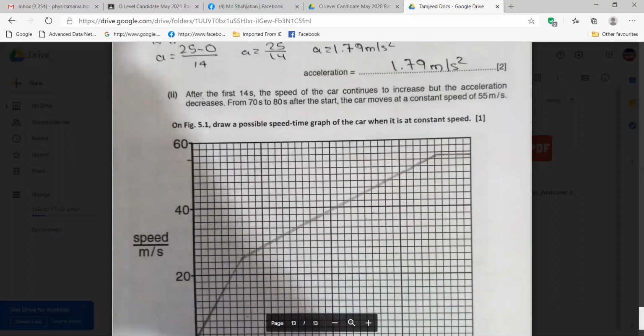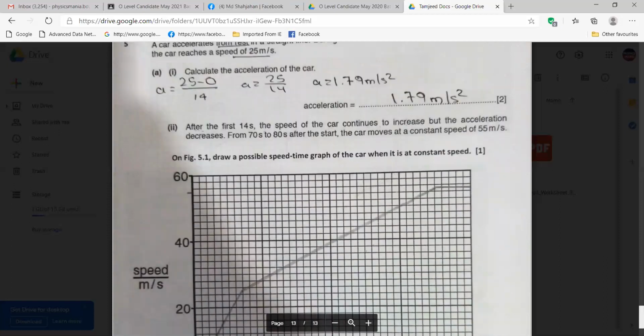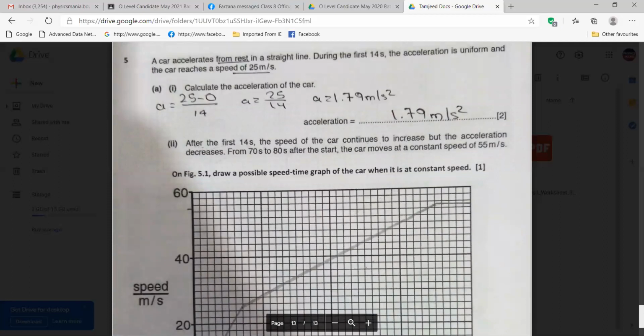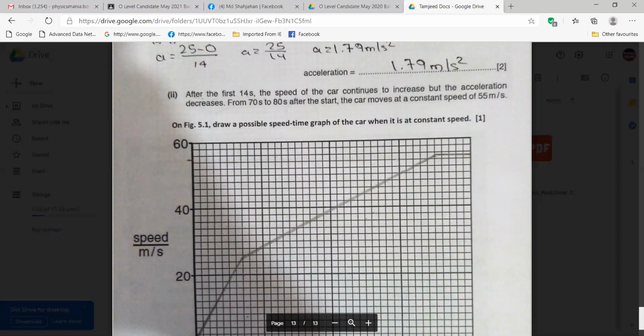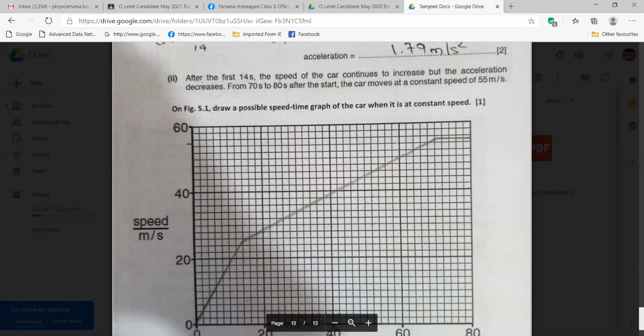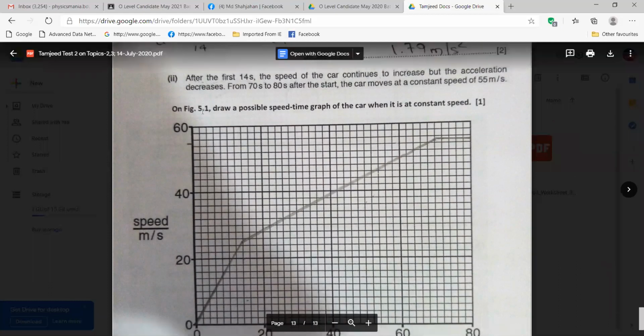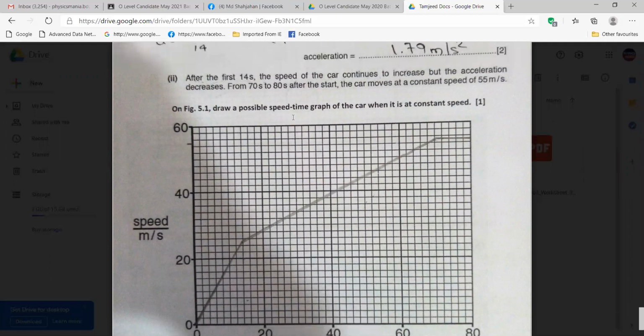Here we gave you only one mark for part two. For 5A2 we gave only one mark. We only told you on figure 5.1 to draw a possible speed-time graph of the car when it is at constant speed. So it's enough to draw this part.